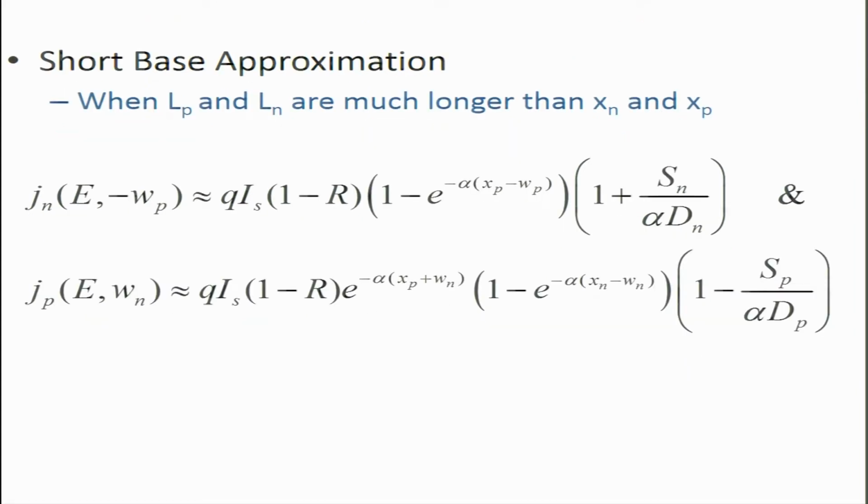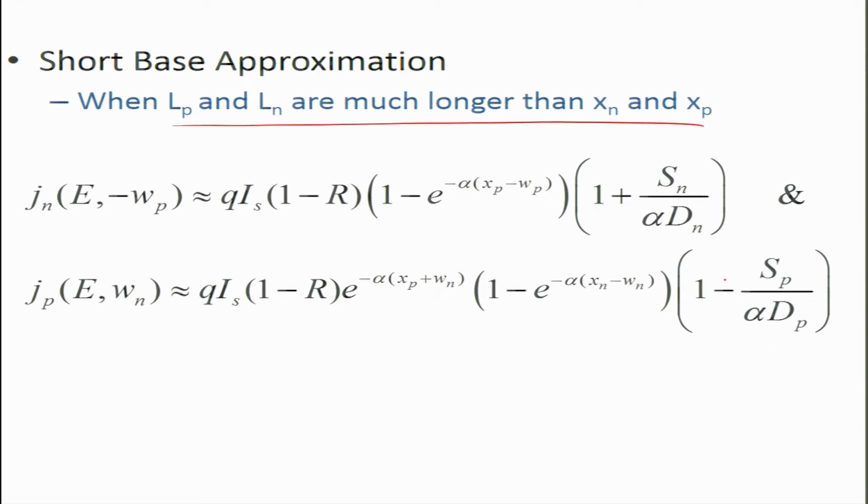You can also make a short base approximation when Lp and Ln are much longer than Xn and Xp. This is the assumption that we make. This is a short base diode. In such a situation, your surface recombination is relevant, but Ln and Lp become irrelevant because they are longer than Xn and Xp. As a result, you will see that Ln and Lp disappear.